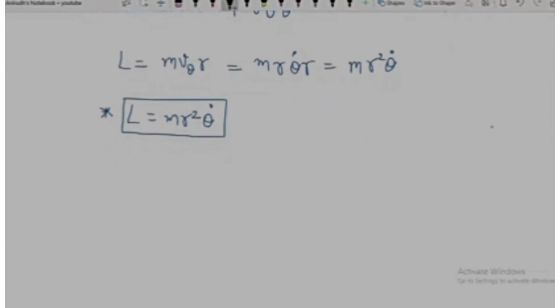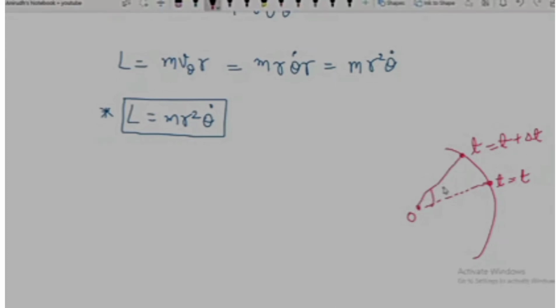So next, to find the areal velocity, let the center of force be O, and the particle will be in this direction. Let us say the particle is here at time t, then it moves to that point at time t plus delta t.